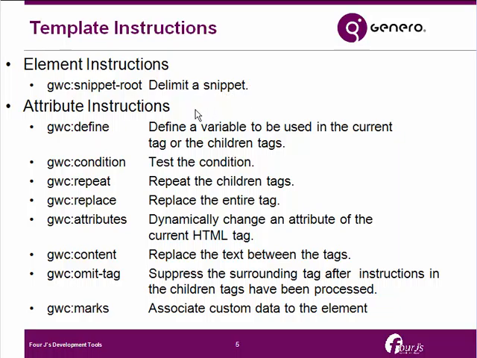As of 2.11, the other attribute instructions include the ability to define a variable to be used in the current tag or the children tags, to test a condition, repeat the children tags, repeat the entire tag, dynamically change an attribute of the current HTML tag, replace the text between the tags, suppress the surrounding tag after instructions in the children tag have been processed, and associate custom data to the element. Again, refer to the Genero Application Server Manual for more details and examples for the various template instructions.